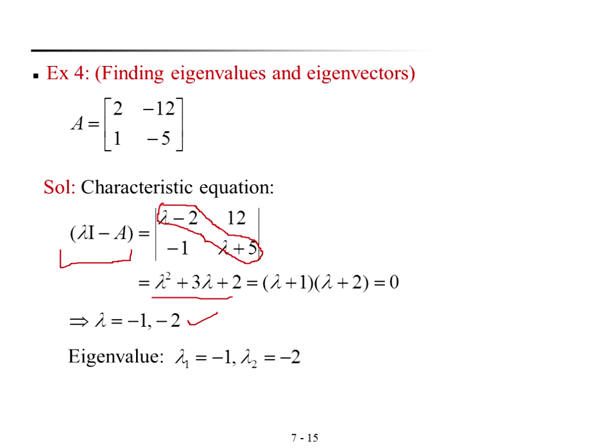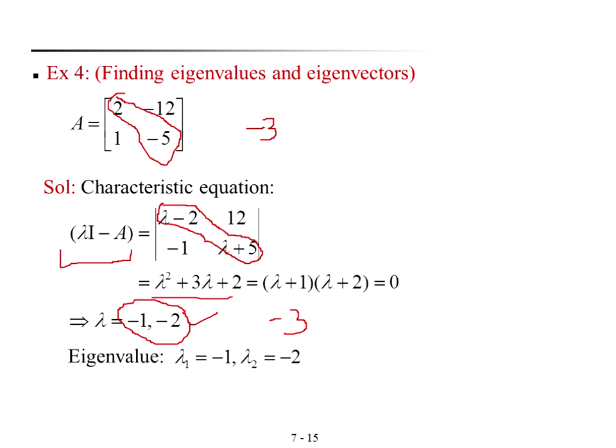If you add these two eigenvalues, minus 2 minus 1 is equal to minus 3. And if you add the diagonal elements, the trace of the matrix, 2 minus 5 is equal to minus 3. So these two things are the same.